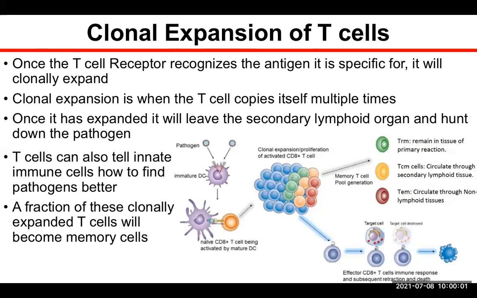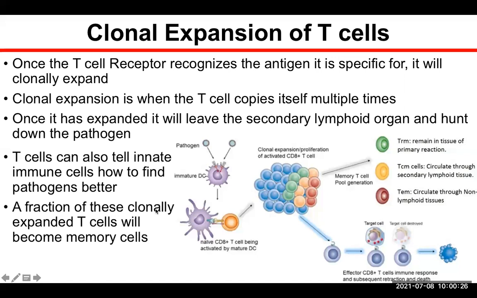So like I said, every T cell receptor is very unique to the kind of pathogen that it recognizes. And so because there's only one type of those, once this antigen presentation occurs, that one T cell that has that one receptor that recognizes that one specific protein or antigen is going to multiply itself.